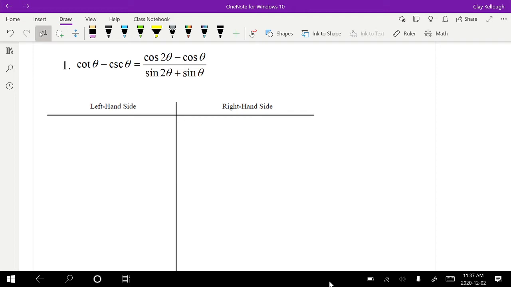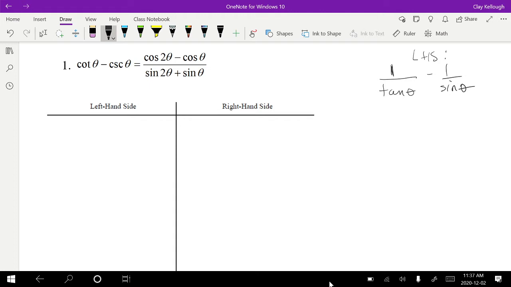But maybe on scrap paper over here, I actually know that cotangent minus cosecant on the left-hand side is 1 over tan minus 1 over, now which one's cosecant? Is that sine or cos? It's sine, good. So that's really what the left-hand side actually is.